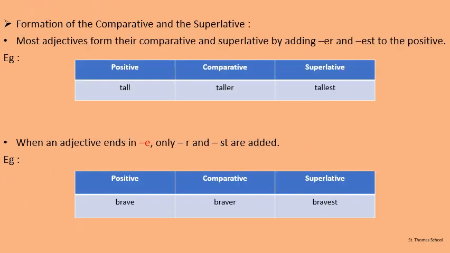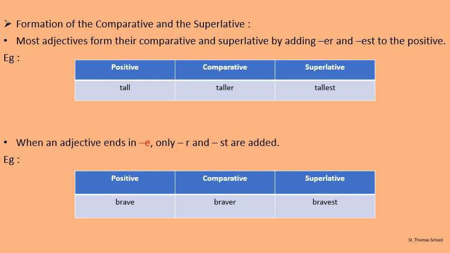And next is the formation of the comparative and superlative degrees. There are different methods by which we can form the comparative and superlative degrees of the adjective. Let me explain one by one how you can form them.